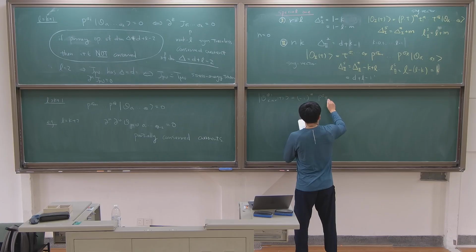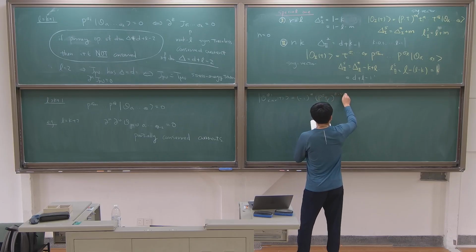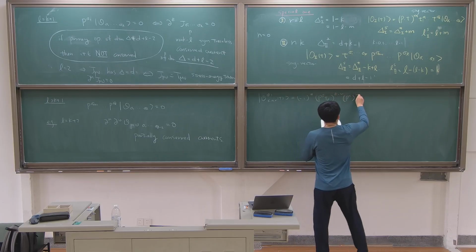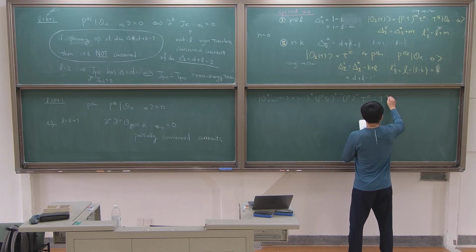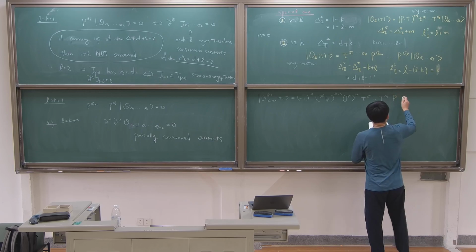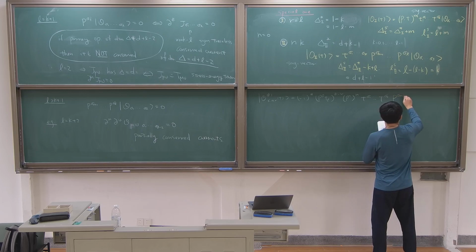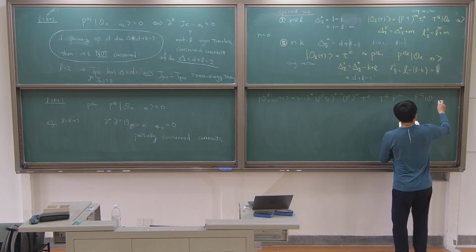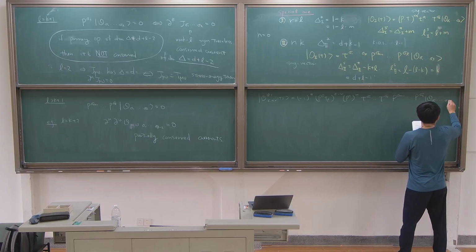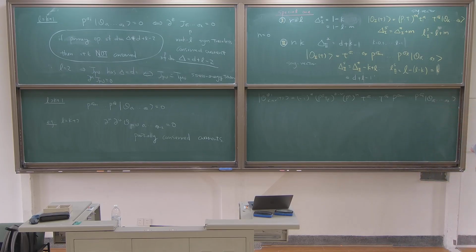P rho, T rho, K minus R, T squared, N, T sigma 1, T sigma k and P sigma k plus 1, T sigma L, and the operator sigma 1, sigma L. Like this. So this is the descendant we are looking at.